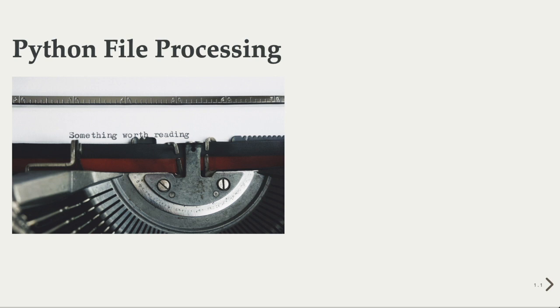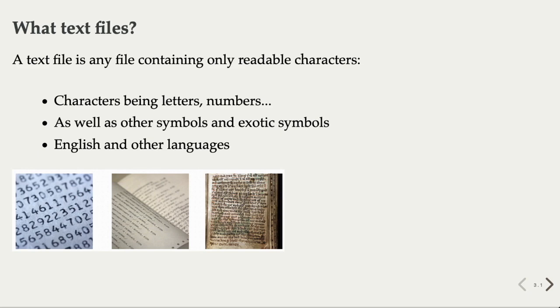In this lecture, we discuss some of the basic techniques in Python for file processing, especially when accessing data in text files. A text file is any file containing only readable characters, and a file of such may contain letters, numbers, and other symbols in English or other languages.